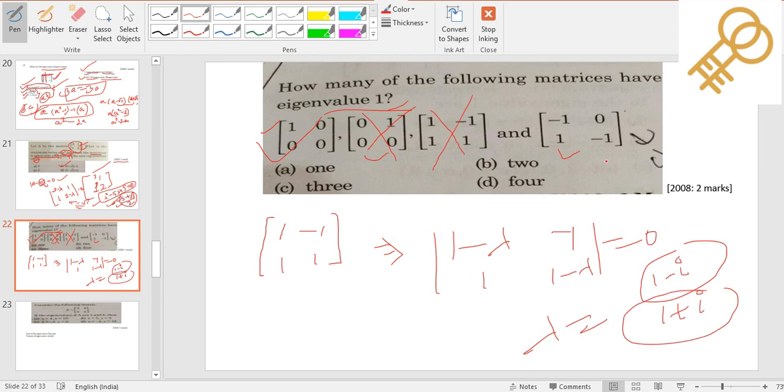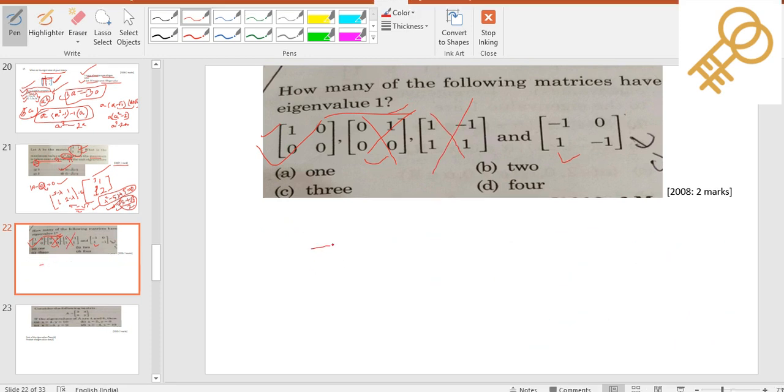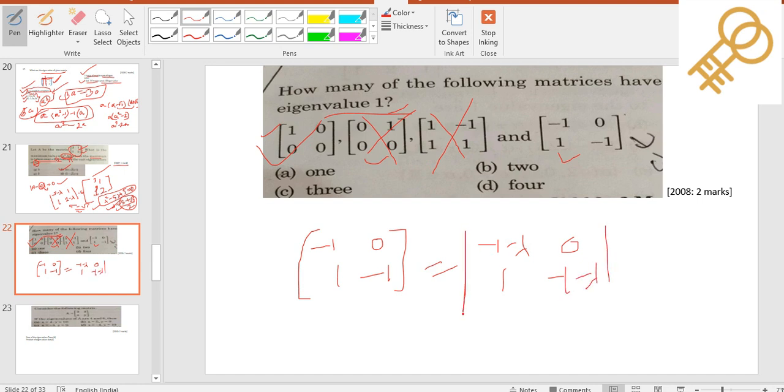Moving towards the next given matrix, that is minus 1, 0, 1 and minus 1. This is your given matrix, right? So we'll apply the characteristic equation and we will find the matrix, that is minus 1 minus lambda, 0, 1, minus 1 minus lambda, and this will equal 0.